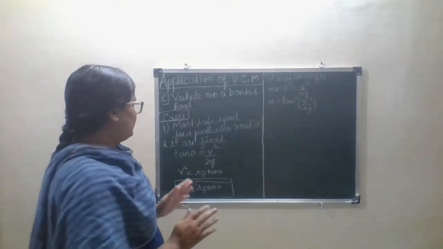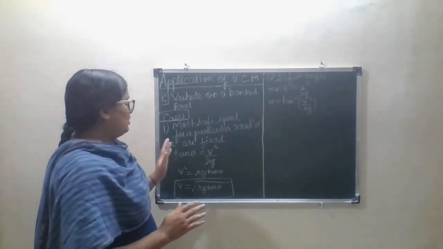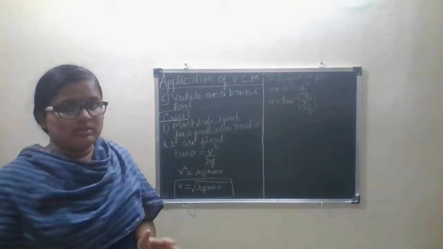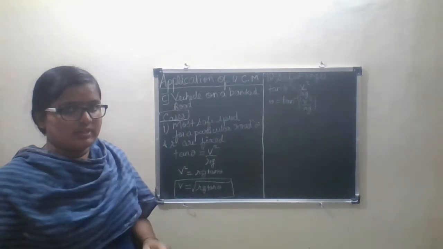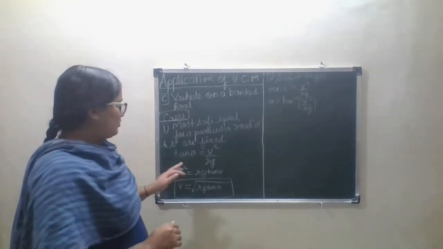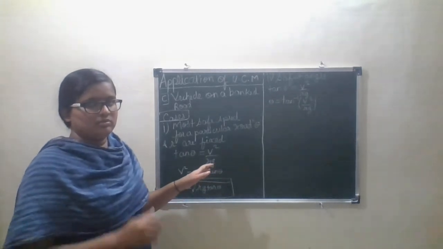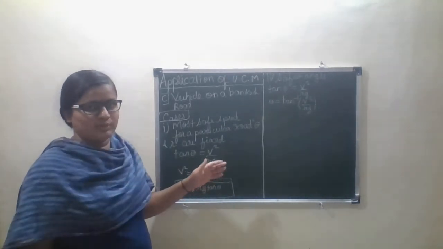For a particular road, where theta and r are fixed, we know the equation tan theta is equal to v square upon rg.